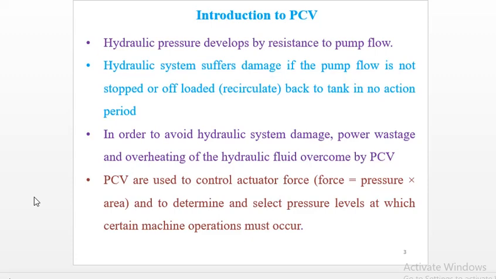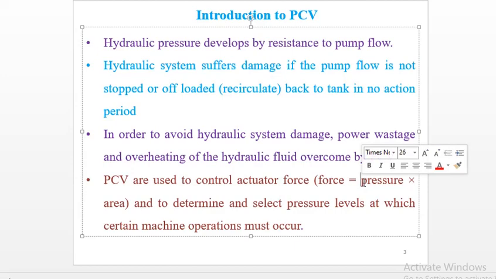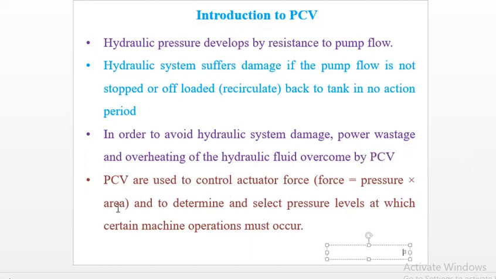Pressure control valves are also used to control the actuator force, that is force equals pressure times area. As we supply pressure to a particular system, it will develop that much force by that particular actuator, and to determine the selected pressure level at which a certain machine operation must occur.